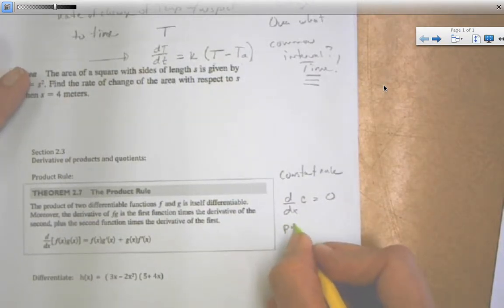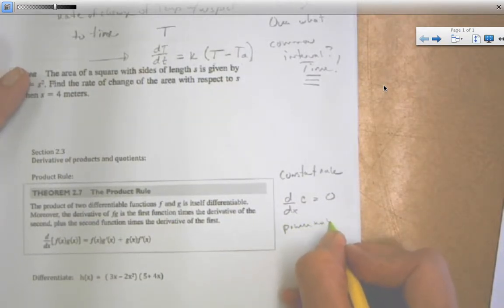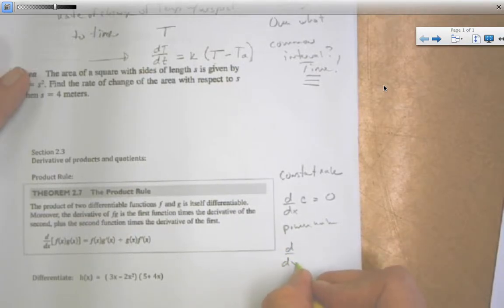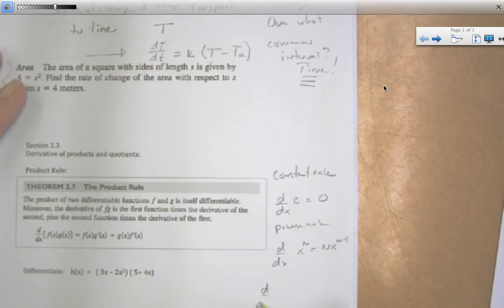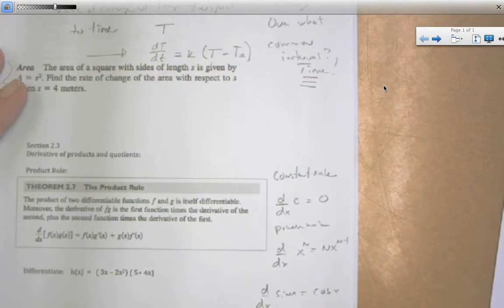You have a power rule: the derivative with respect to x of x to the n is n x to the n minus 1. The derivative with respect to x of sine x is cosine x. And the derivative with respect to x of cosine x is negative sine x.